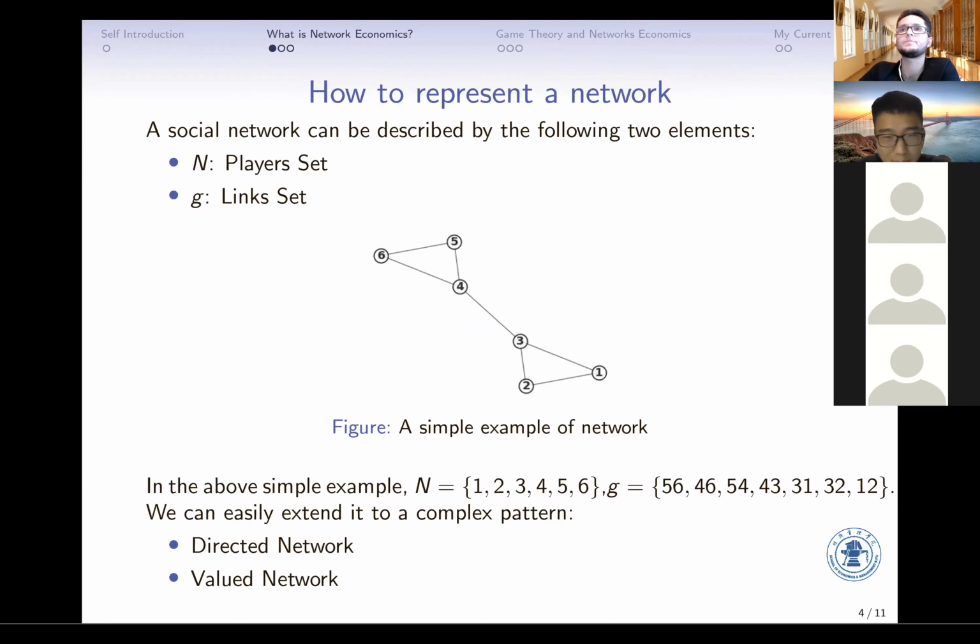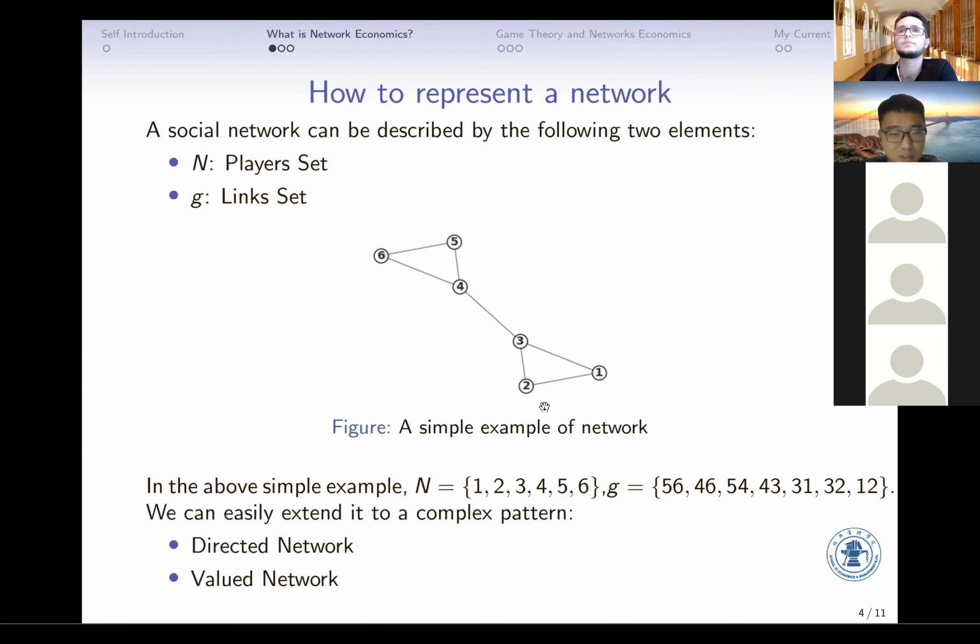Because in many applications, for example, I cite A's paper, but A doesn't cite my paper, so the link is directed.